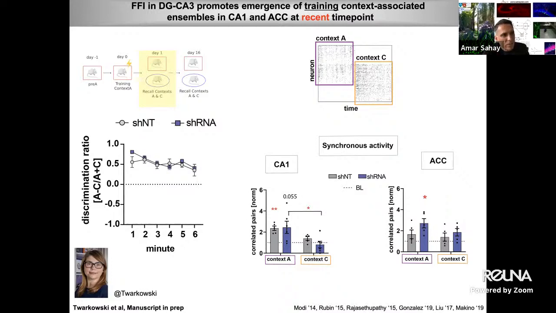To our surprise, though, during these early stages of consolidation in animals in which we had increased feed-forward inhibition in dentate gyrus CA3, we saw the emergence of a training context-associated ensemble also at the level of the ACC, suggestive of increased hippocampal cortical communication in the animals in which we had increased feed-forward inhibition in dentate gyrus CA3.